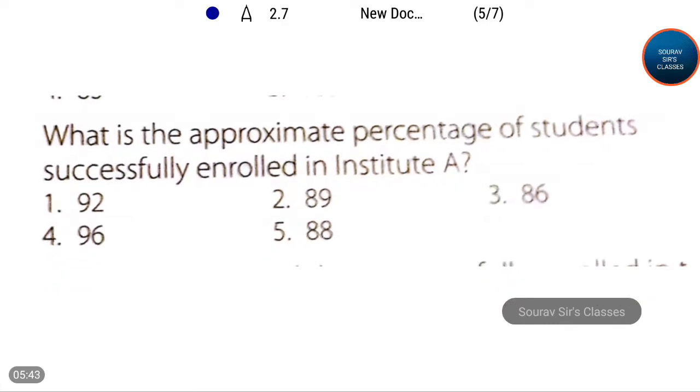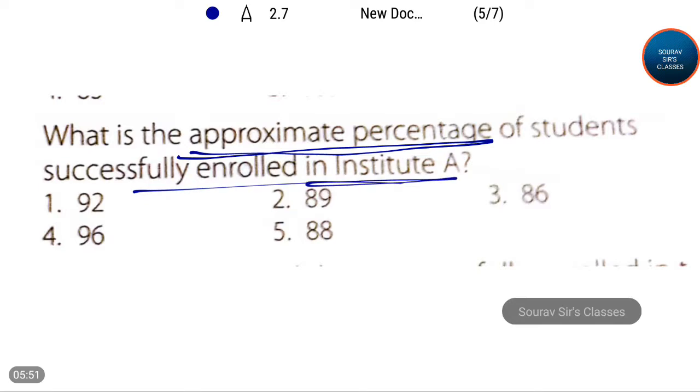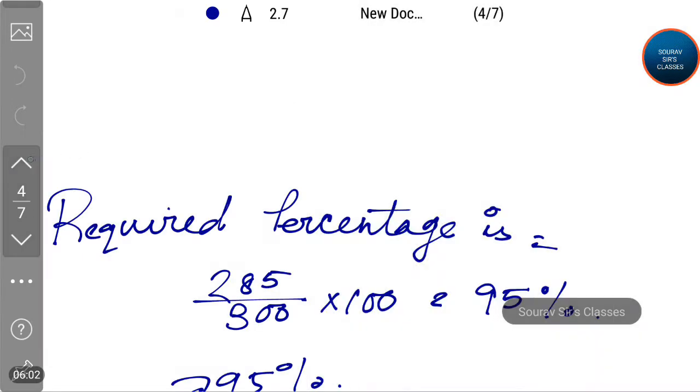The question is, what is the approximate percentage of students successfully enrolled in institution A? So we have to find out the approximate percentage of students who have successfully enrolled in institution A. Now, again, let's go back to the pie chart.